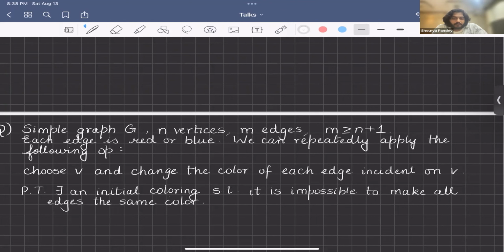But G is given, by the way, so you cannot choose G. You can only choose the coloring.